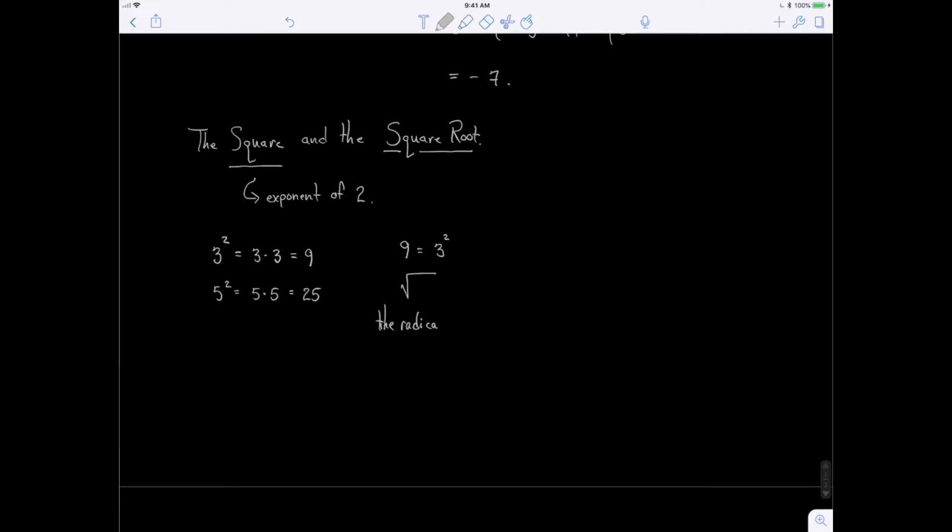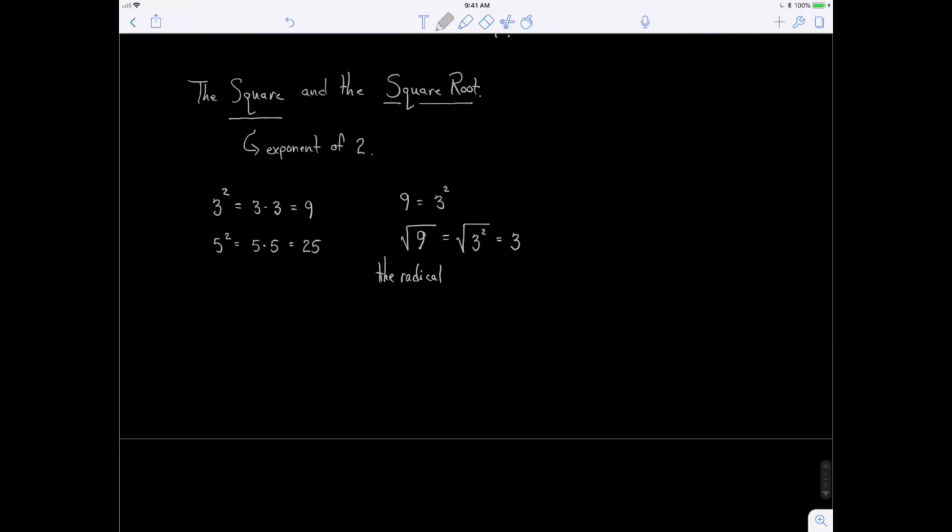It has nothing to do with political stances or someone that is trying to change the world. It's just called the radical. If I can take the 9, the number inside of the radical, and I can write it as something squared, which we just learned is the same as 3 squared, then what happens is the radical and the exponent you can think of as canceling each other. And so the answer is 3.